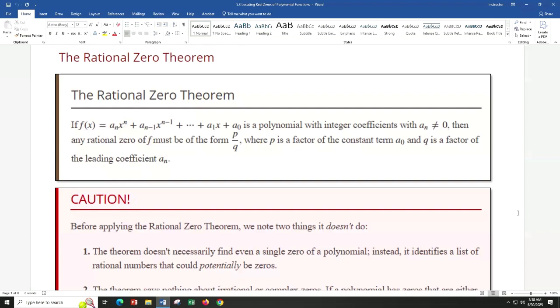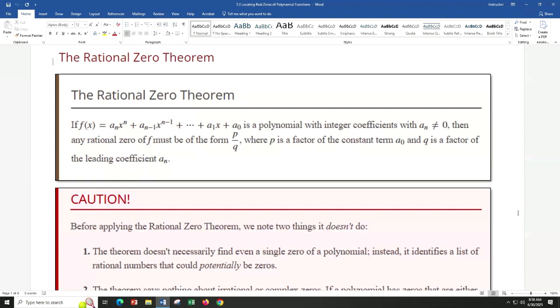Then any rational 0 of f must be of the form p over q, where p is a factor of the constant term a0 and q is a factor of the leading coefficient an. And I misspoke. On this one you can have just integer coefficients. It has nothing to do with complex.